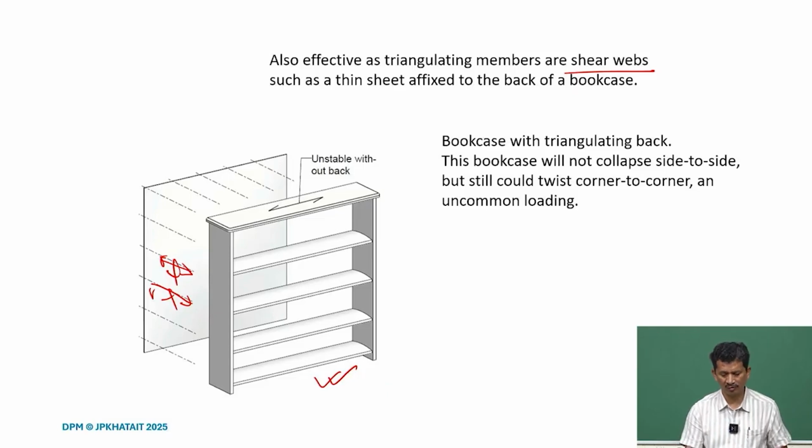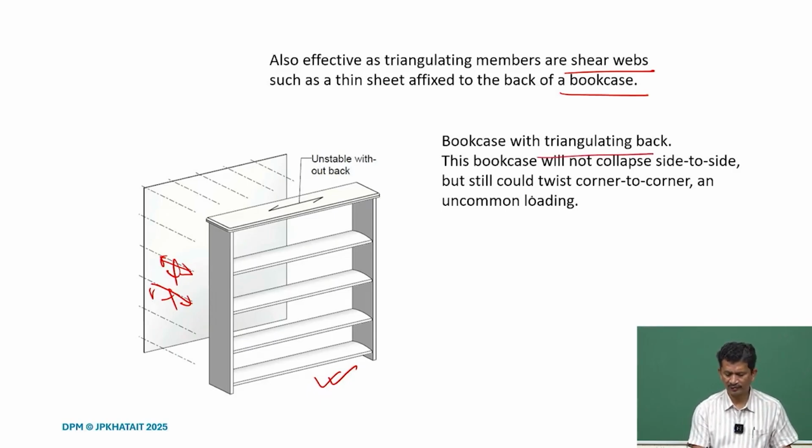So, whenever we receive bookcases or any kind of modular furniture these days, we should make sure that they are properly secured, so that we get that triangulation, and the bookshelf or any kind of furniture should not get shaky.